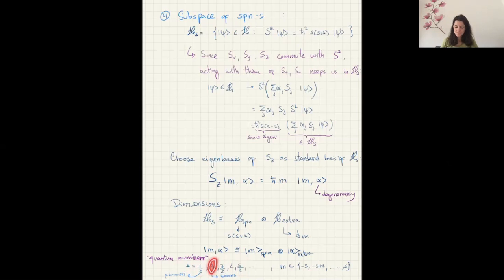Things with integer spin are called bosons, and this includes, for example, photons, and carriers of other physical forces. You can think of photons as what carries electromagnetism, light, and there are forces inside the nucleus of an atom, and the carrier particle of those forces is also a boson. But we will not get into this. Fermions and bosons is something you might get into in quantum mechanics too, for example.